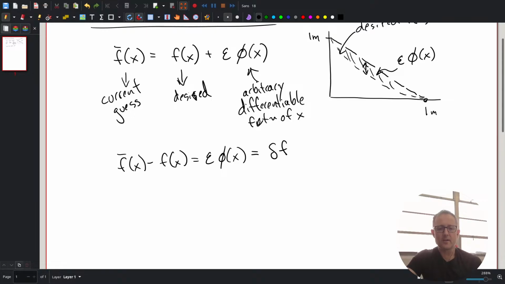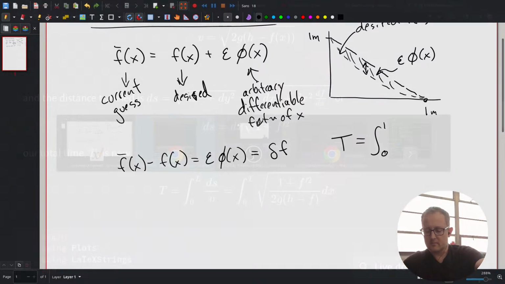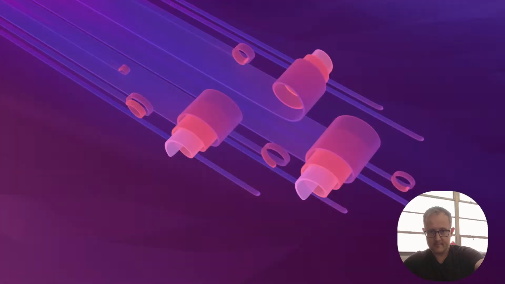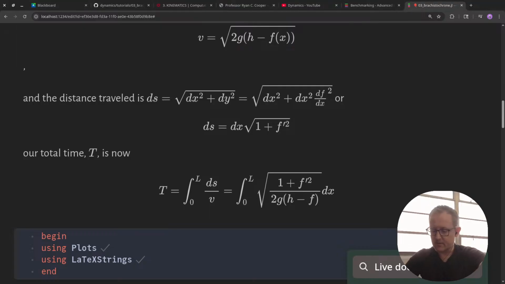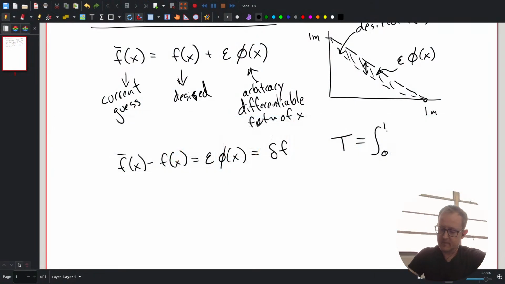It's just now we're talking about functions made of functions, because again our time was an integral from 0 to L of this square root of 1 plus f prime squared, all over 2g times h minus f, dx.